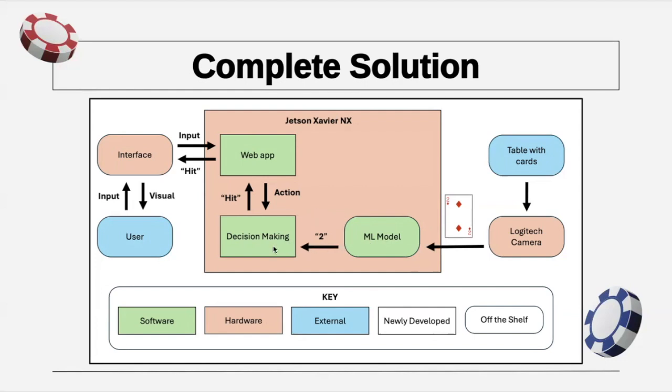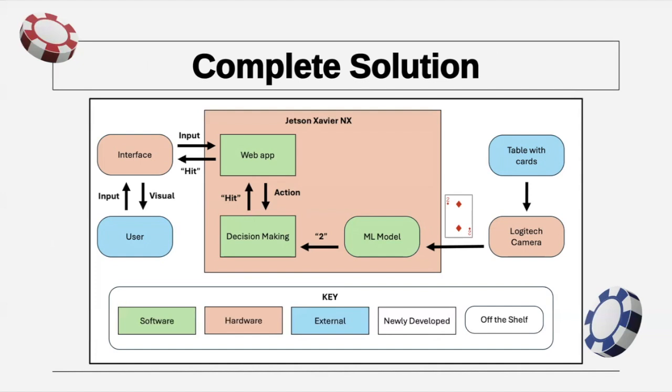And these cards are fed into the decision-making algorithm, our processing algorithm. The processing algorithm takes this input and decides what is the best move that the user should do next. It sends this feedback, in this case in the diagram it is hit, to the web application. And this web application sends it to the interfacing device. The user can do this on a smartphone, for example.